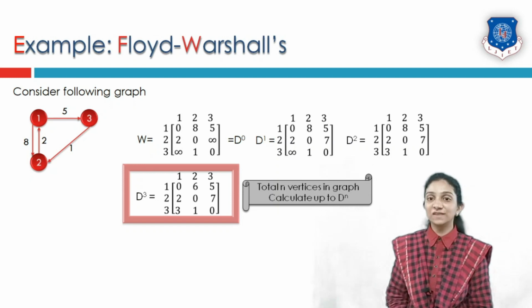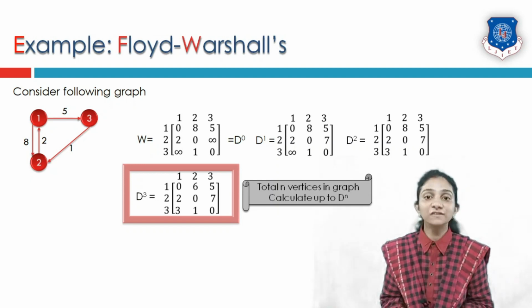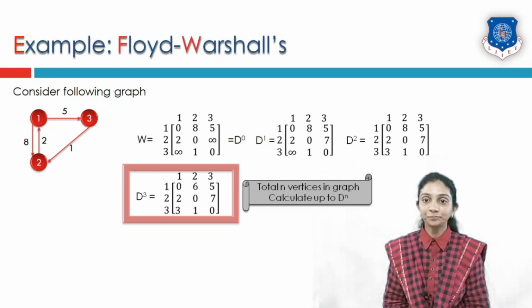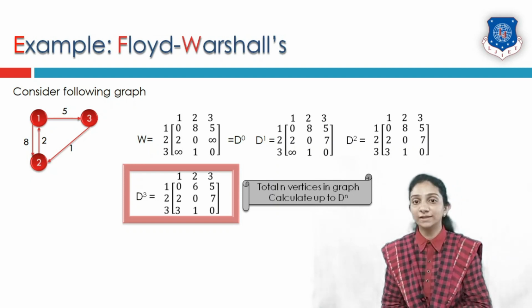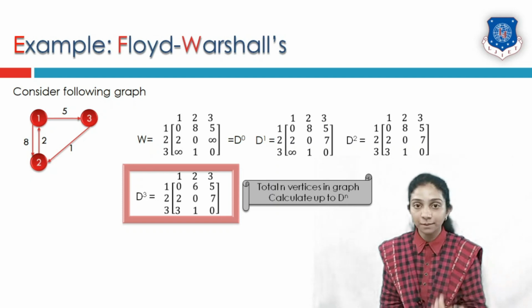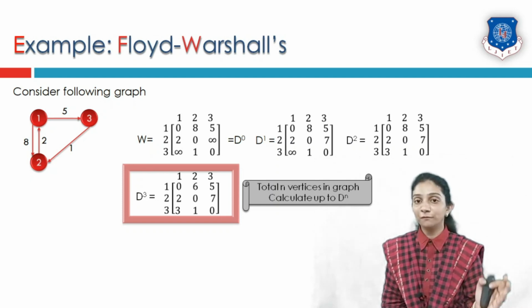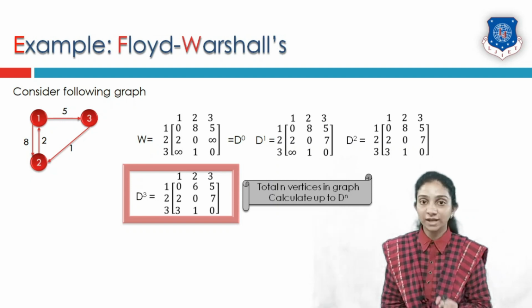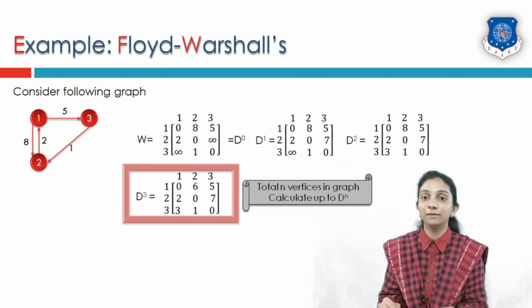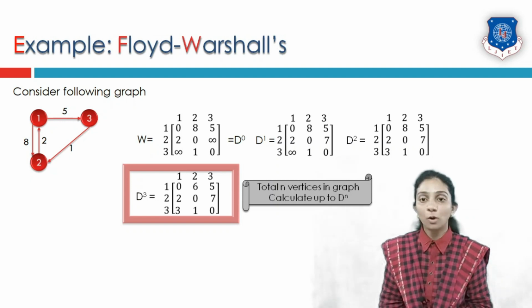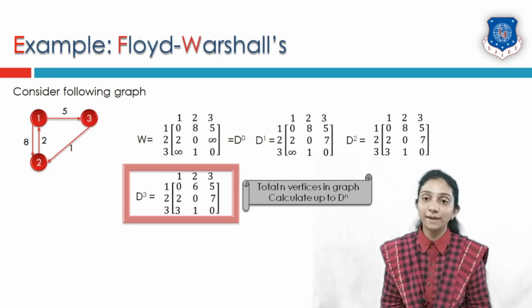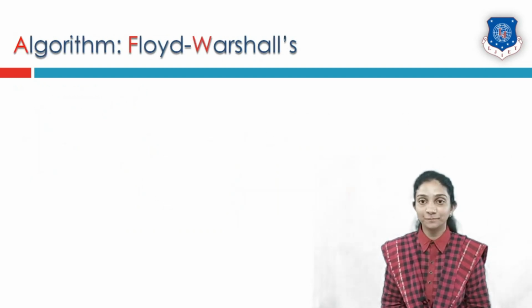Now this matrix gives us the shortest distance between any two pair of vertices. That is, to move from 1 to 2, we will not take direct path of 8. We will move from 1 to 3, that is weight of 5, plus 3 to 2, that is weight of 1. That is, in total we can move with 6. So this is what the Floyd-Warshall algorithm or method to calculate all pair shortest path is.